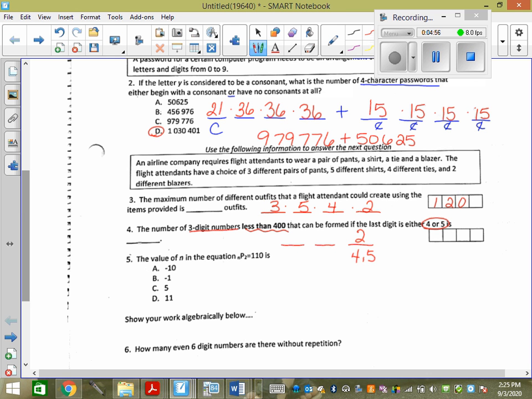What else is restricted? The front. It can't be a 0, and it can't be over 3. It can't include 4, right? Because it has to be less than 400. If I put a 4, it's for sure more. Because of the fact this has to be a 4 or 5, right?